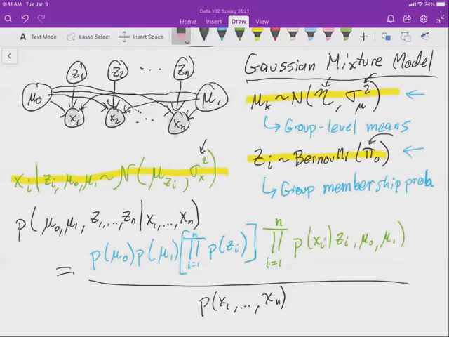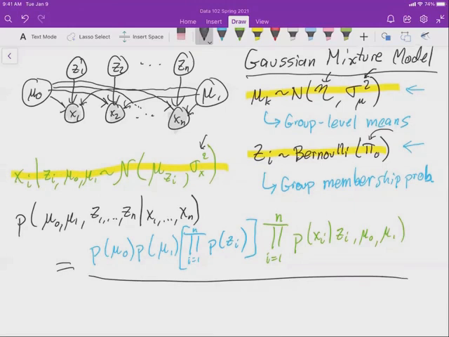In particular, we can take the stuff in the numerator, which is the joint distribution of the x's and the hidden variables, and sum out all of the z's and integrate out all of the mu's.